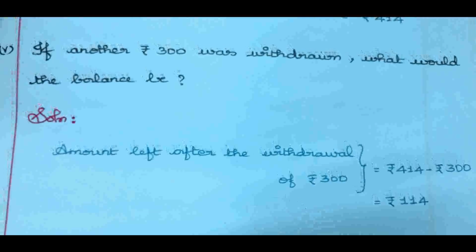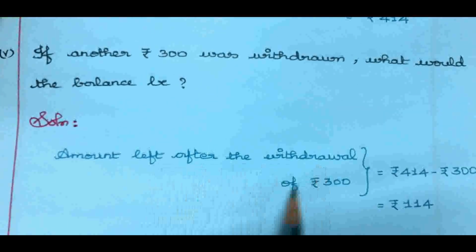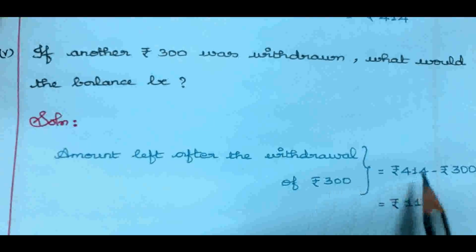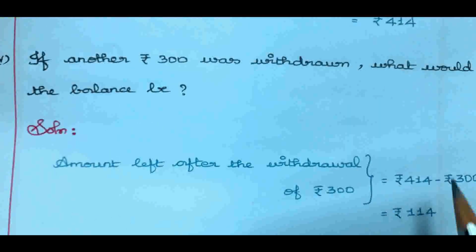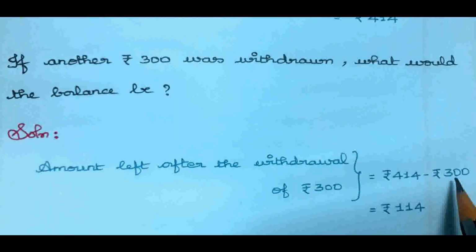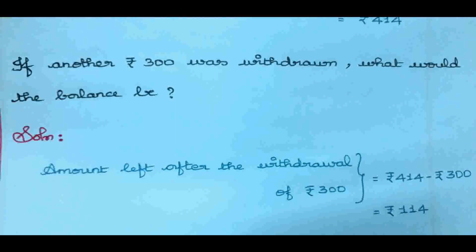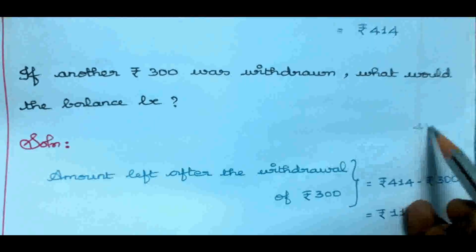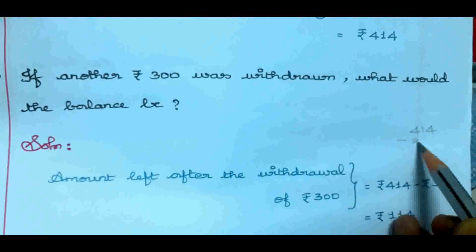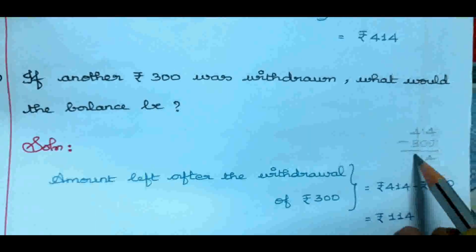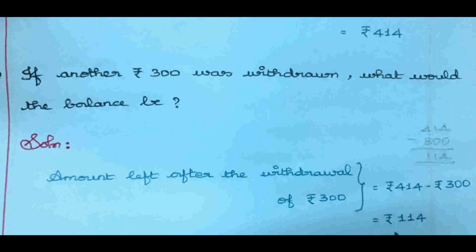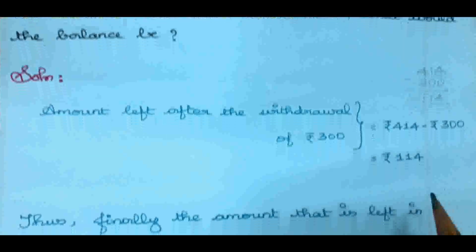That's the question. Now the amount left after the withdrawal of rupees 300 is equal to, already he had 414 rupees. From that now he is going to withdraw 300 rupees. Withdraw is nothing but subtract. So 414 minus 300. So 4 as it is, 1 and 1. So now the balance is rupees 114.